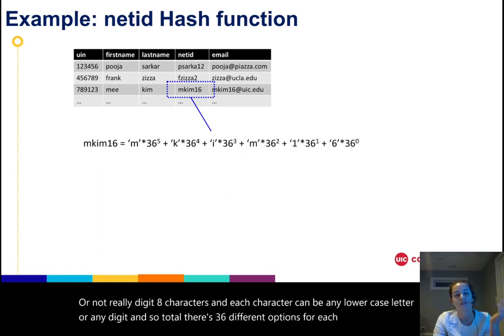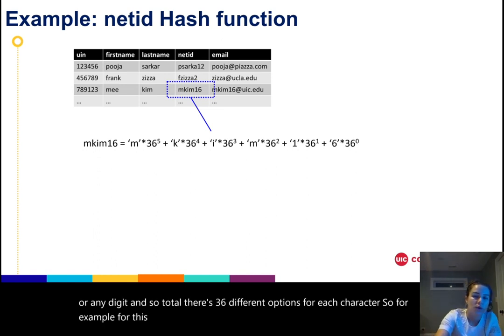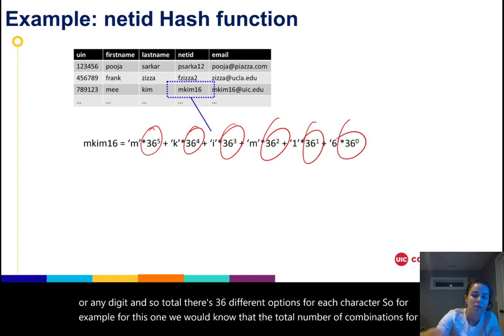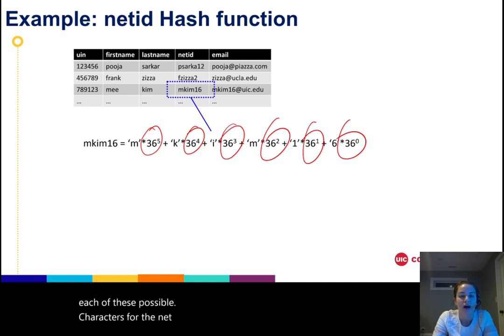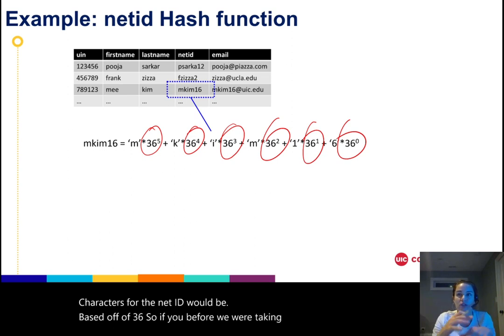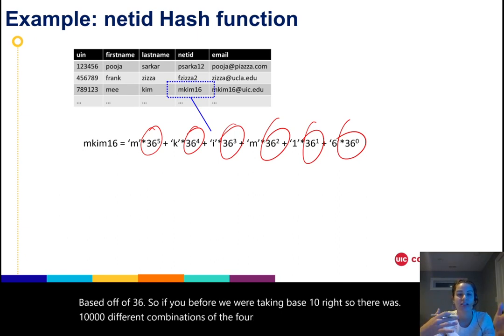So for example, for this one, the total number of combinations for each of these possible characters for the net ID would be based off of 36. So if before we were taking base 10, right, there were 10,000 different combinations of the 4-digit number. In this case, for each one, there's 36 different combinations, right?